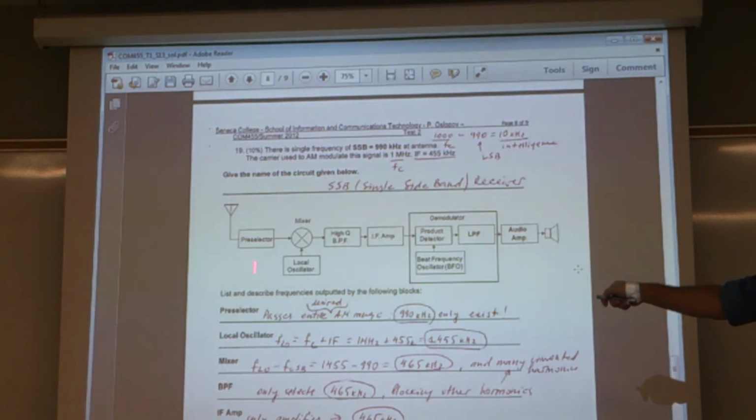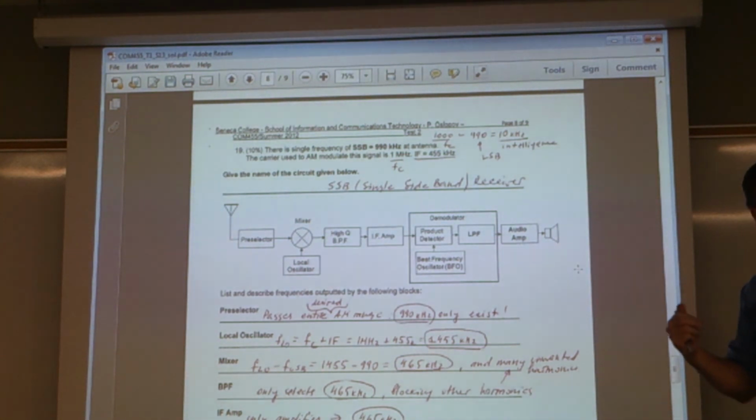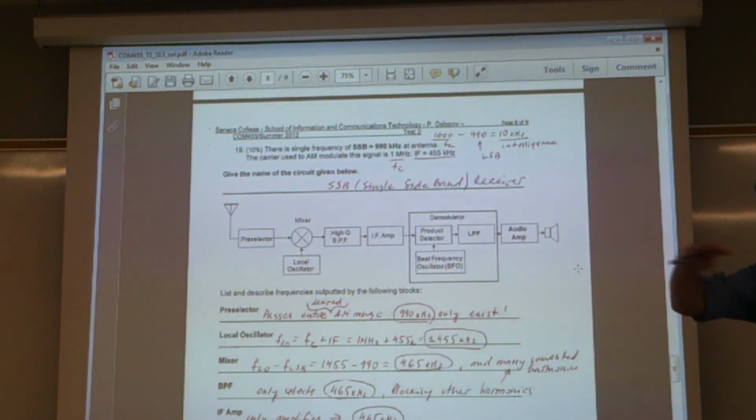Now, at the preselector, at the antenna I have that frequency. What does the preselector do? It chooses the entire AM bandwidth because it can be universal. We need to use this either for the low or the high. That's why it chooses all AM bandwidth. If it receives high, it will go there. If it receives low, low will go there. The preselector has to be tuned not just to one frequency, but the entire AM bandwidth.